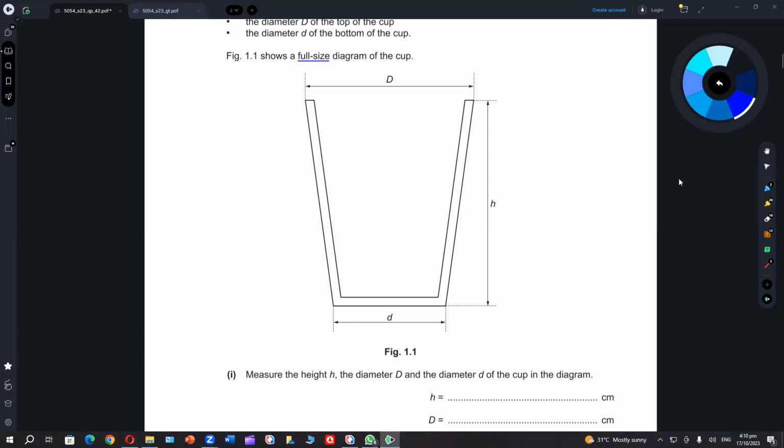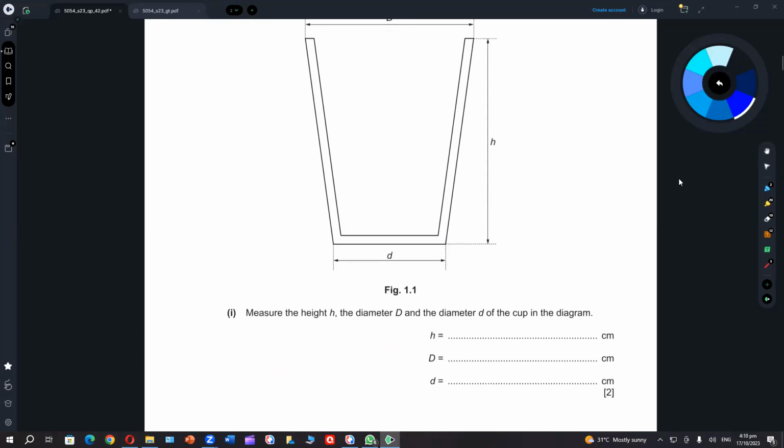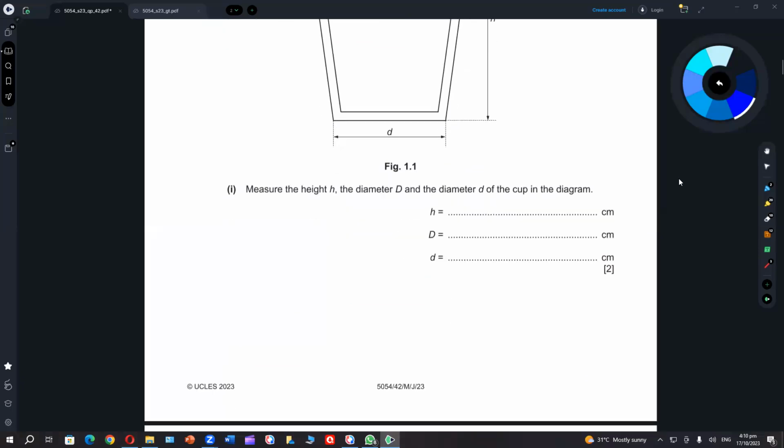If you have a ruler, place it and let me know capital D, small h. The h is 7.8. And capital D is 6.6. And the small d is 4.4.